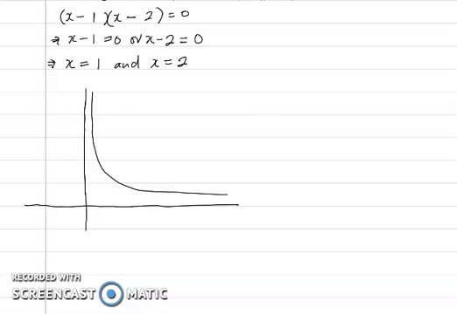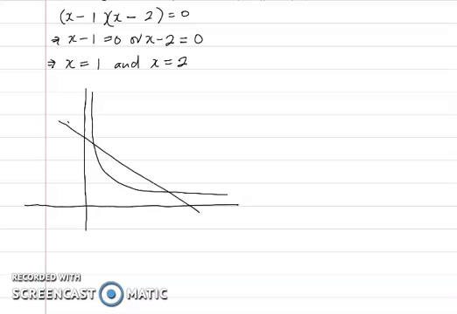And my next graph is y is equal to 3 minus x. 3 minus x would look something like this.